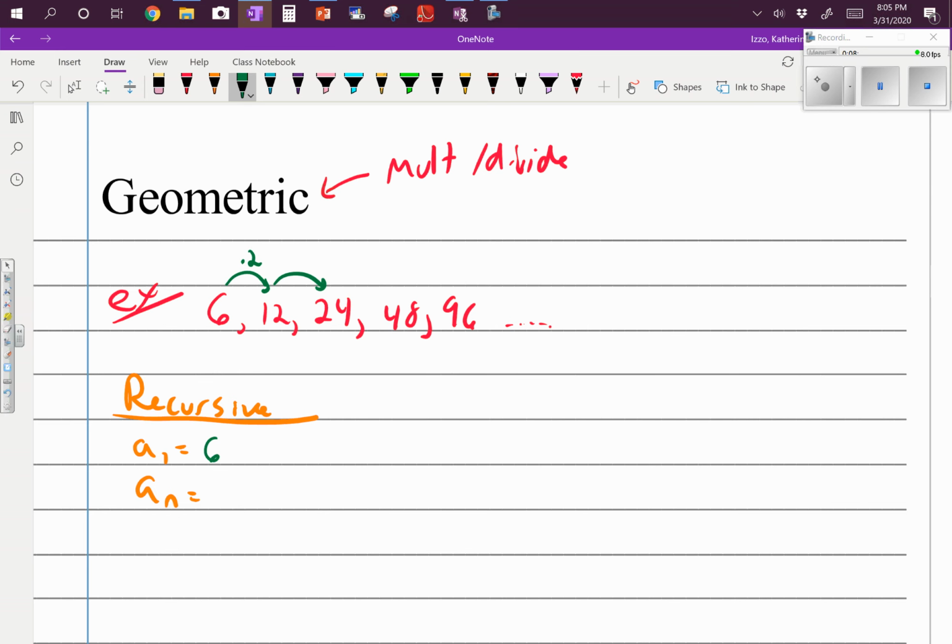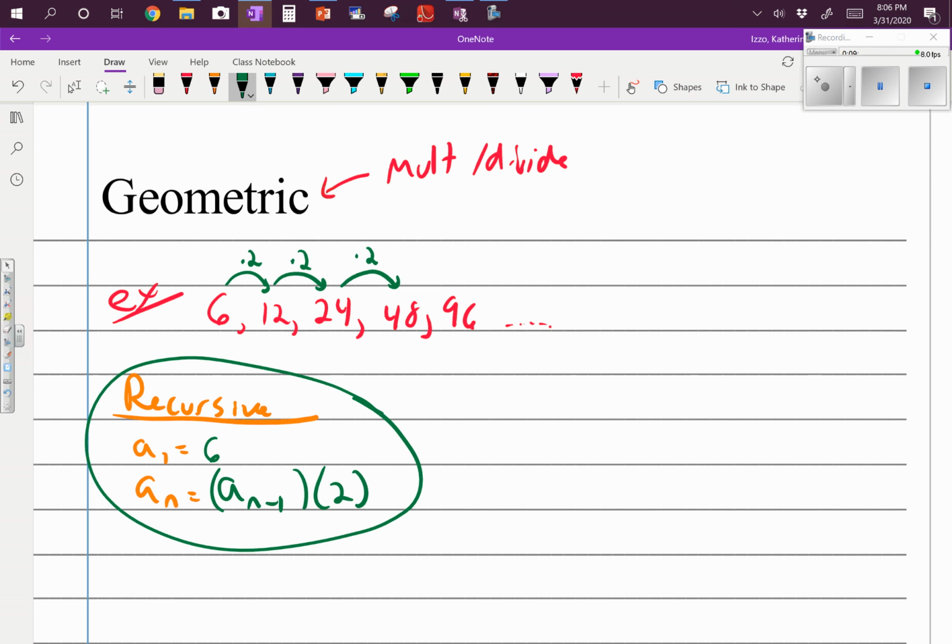Times 2, times 2, times 2. So in order to get a_n, we have to take the guy before it and multiply that sucker by 2. And that is how we would say the recursive formula if we were doing what we did on Monday.